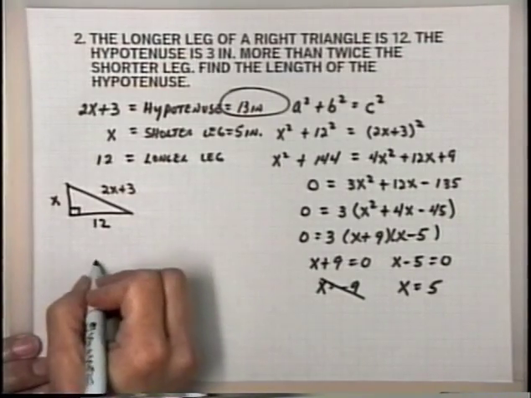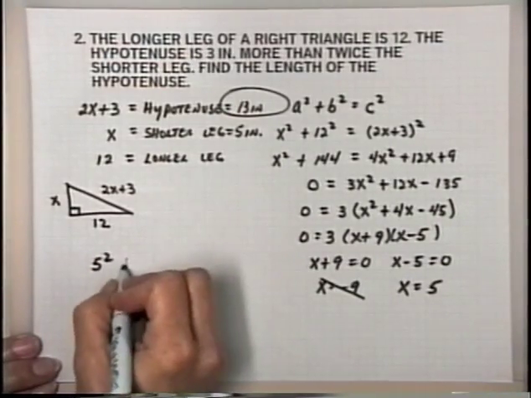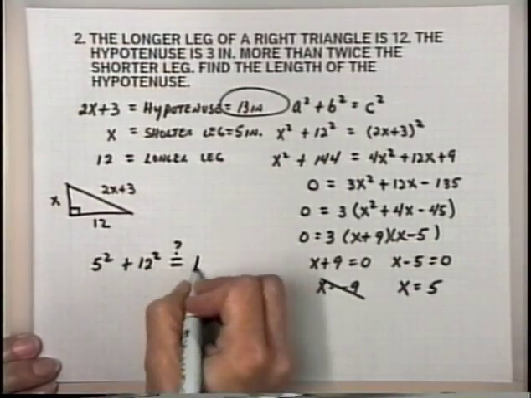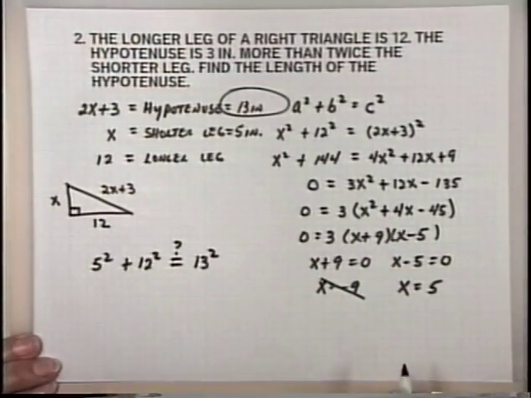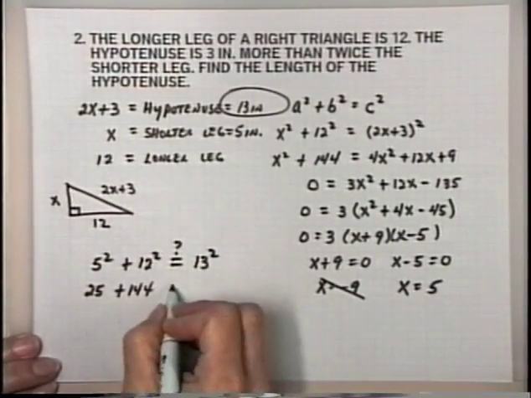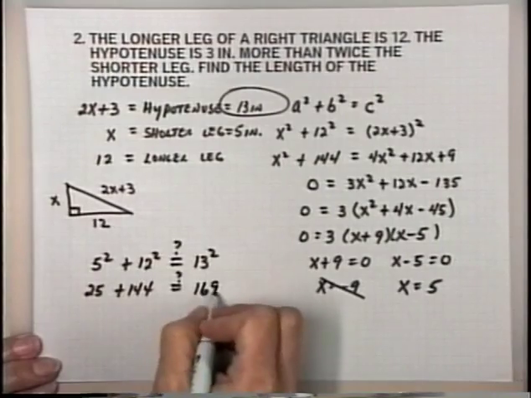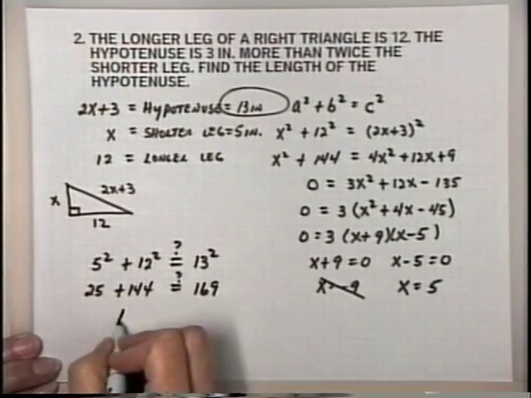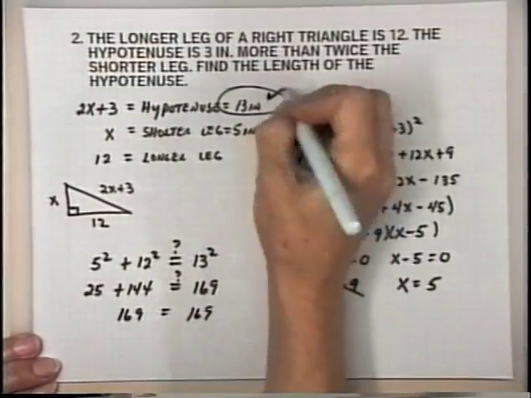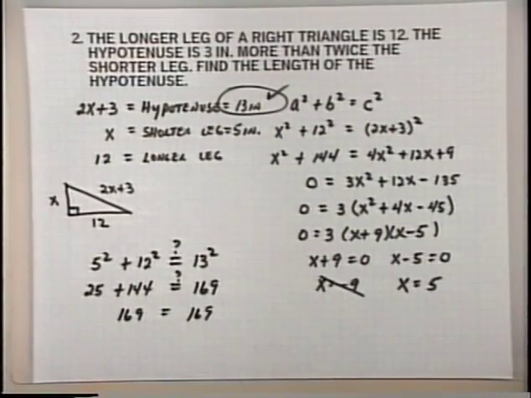Our shorter leg is 5 squared plus the longer leg 12 squared. Does that equal our hypotenuse 13 squared? 25 plus 144, does that equal 169? And of course, when we add over here, it does equal 169. So our correct solution for the hypotenuse is 13 inches.